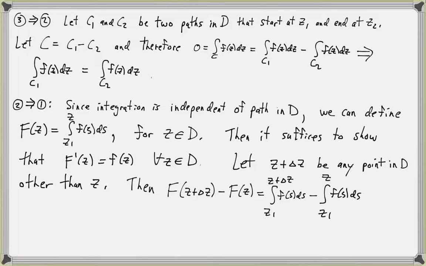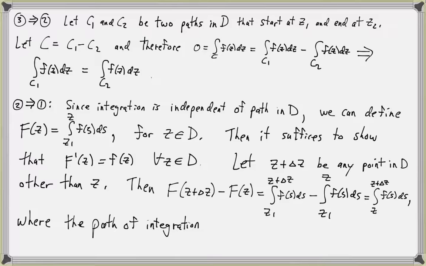And by combining this into one integral, this equals the integral from z to z plus delta z of f of s ds. Since this value is independent of path, we can just assume the path of integration is the straight line segment from z to z plus delta z.